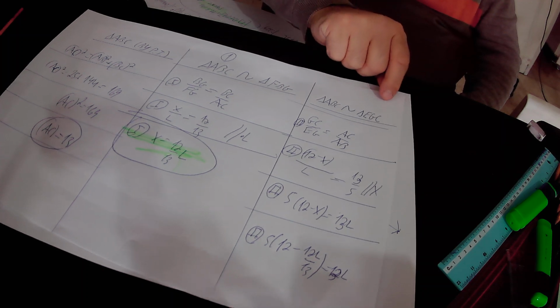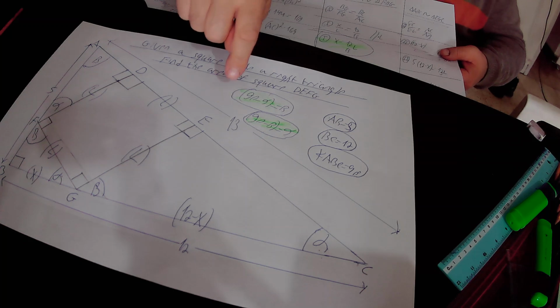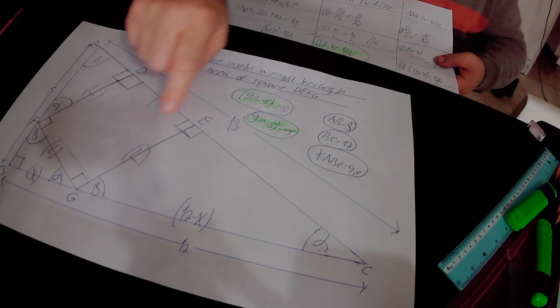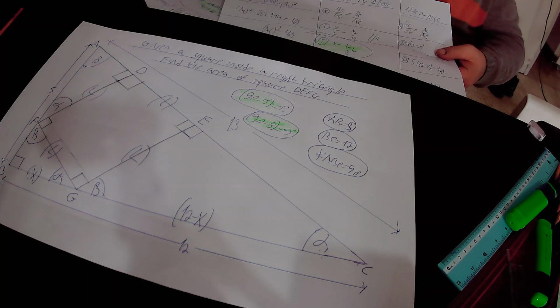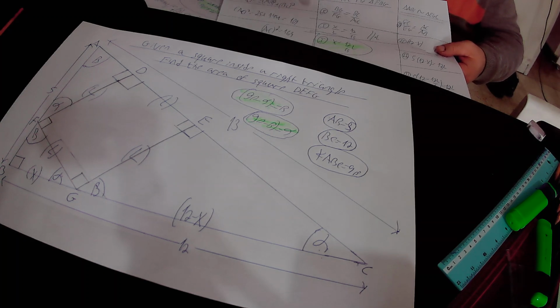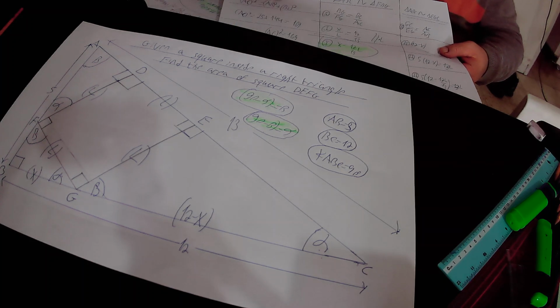Likewise, the big right triangle ABC is similar to this right triangle EGC according to the angle similarity rule. Therefore, the following relationship exists between these two similar triangles.